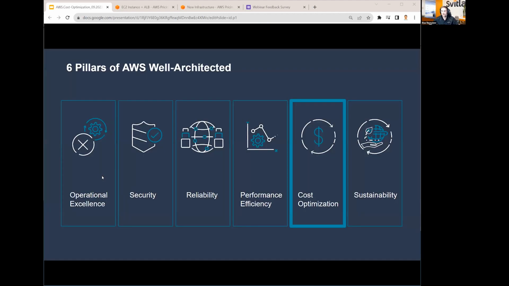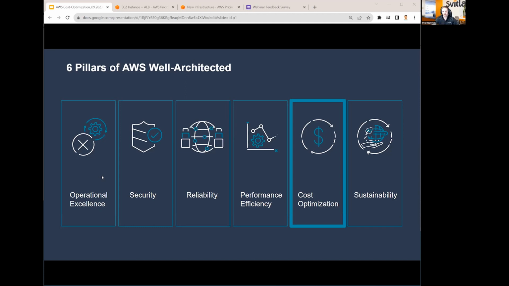Also, let me mention that cost optimization is just a part of what is called the AWS Well-Architected Framework. All leading cloud providers provide a well-architected framework for their cloud infrastructures. But from my point of view, AWS currently has more questions and covers more features of your cloud infrastructure.